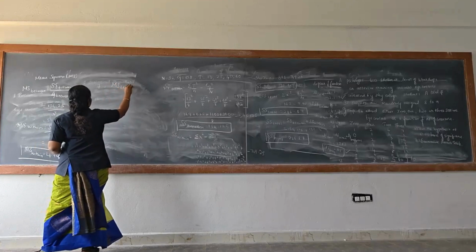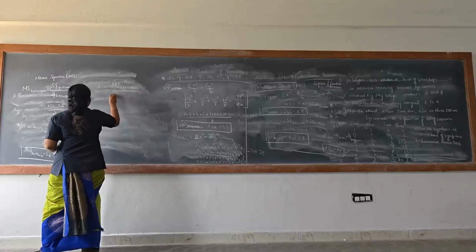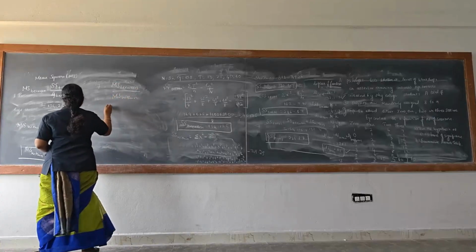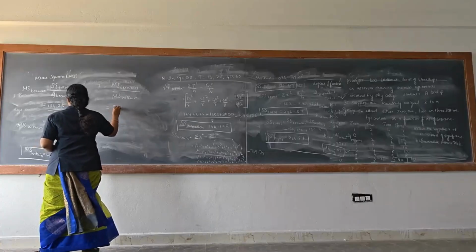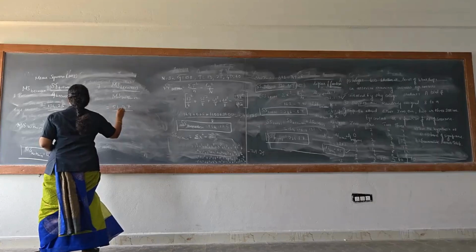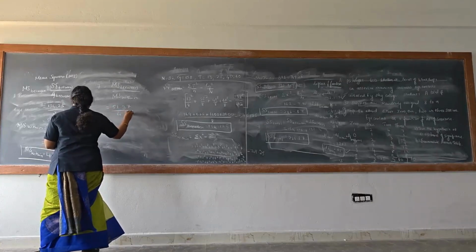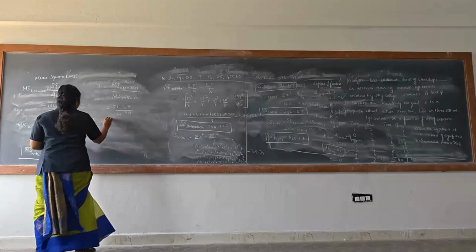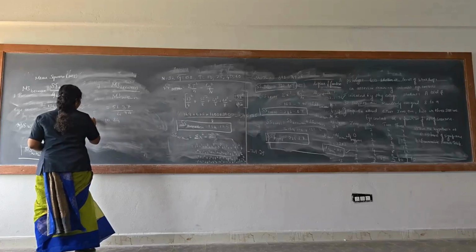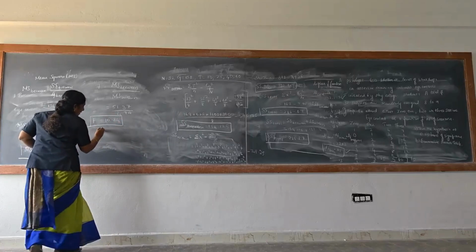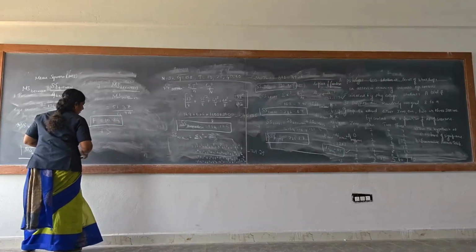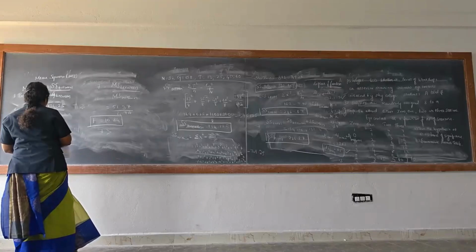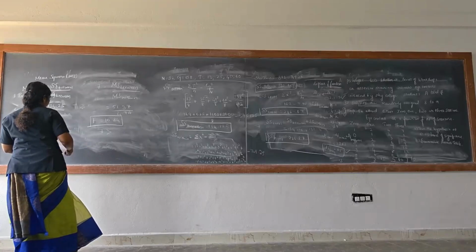So MS between value is 51.37 divided by 4.74. So F is equal to 10.84. So F value is greater than, so here this is F calculated.